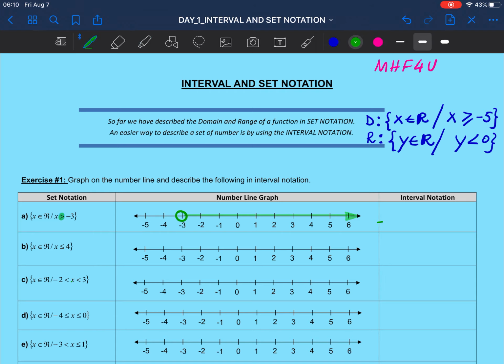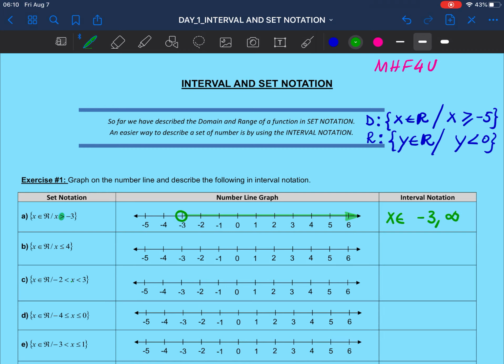When it comes to interval notation now, we say that x belongs, and you always start with the numbers from left to right. So on the left you have -3, so you'll write -3, comma, and on the right side we continue to infinity, so we write infinity.